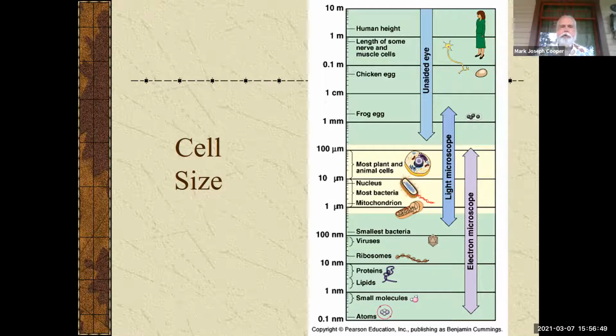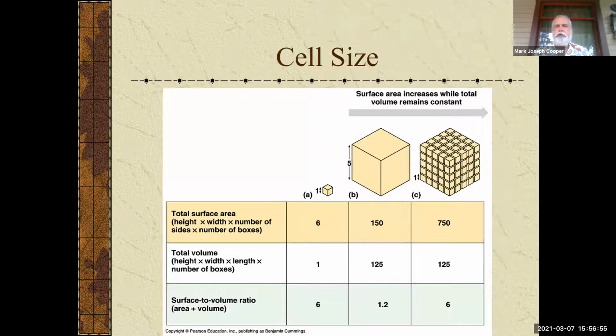And so there are issues with size. So we want to look at what limits cell size. What you have to understand is that what limits how large a cell can get is what we call the surface area to volume ratio. I want you to have the concept of what this is here. To calculate surface area of a cube, area is height times width times the number of sides.